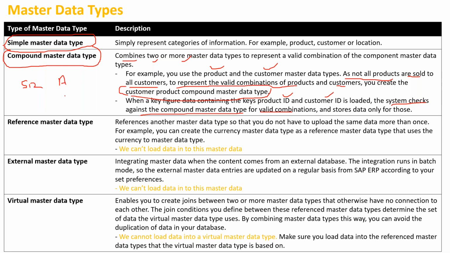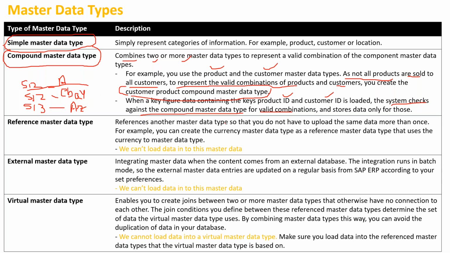I assigned this to Amazon, and I assigned this to eBay. There is a new product that I'm launching, S13, and that is extended to only the customer called Amazon. Now the system would display the master data only for Amazon, and it will not take the data for this planning combination S13 and eBay.